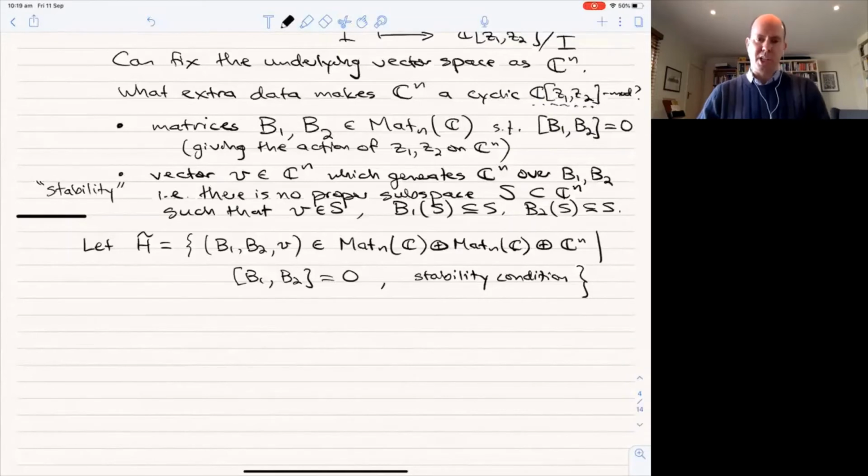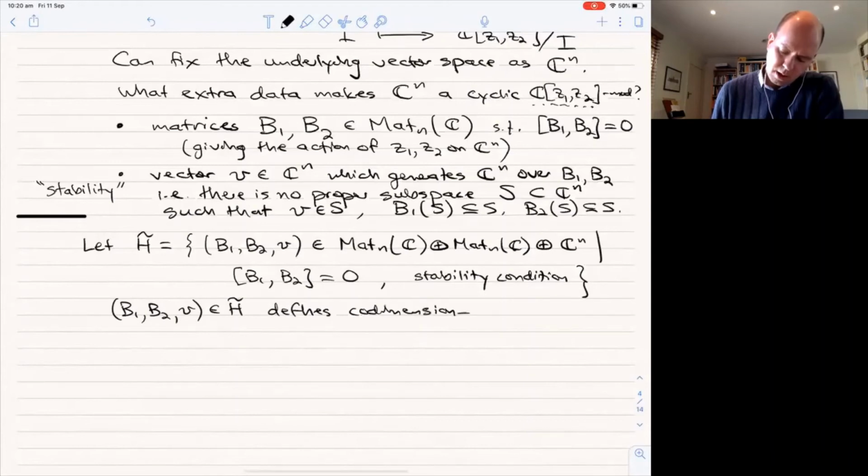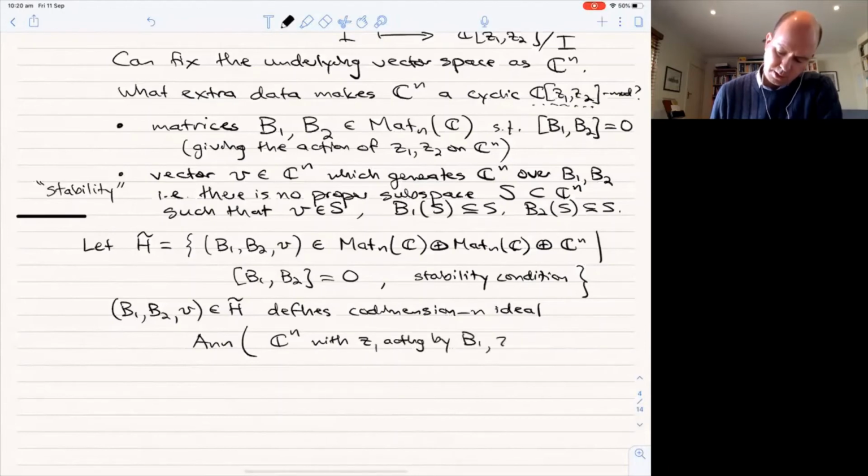And so they define codimension-n ideals inside C[Z1, Z2]. So for a point in here, this defines the codimension-n ideal, which is the annihilator of Cn with Z1 acting by B1, Z2 acting by B2.